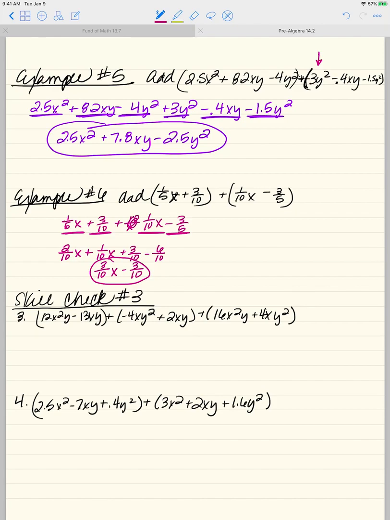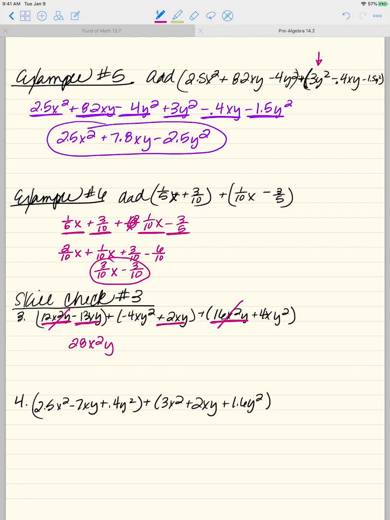Skill check number 3. We're again looking for like terms. So here I have an x squared y term, and here I have an x squared y term. So 12 plus 16 is 28x squared y. Since I have so much going on in this problem, I'm just going to cross out my like terms as I work through it so I don't lose track of anything. Then I have xy terms, negative 13xy and 2xy.